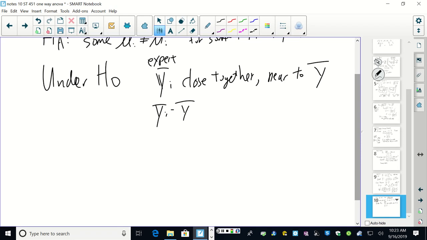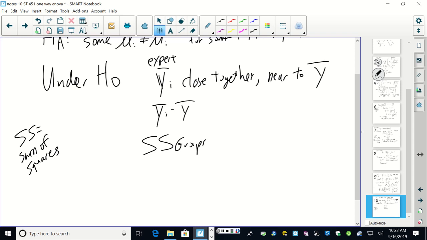So we calculate something called a sum of squares. For the groups, we're going to take the y bar i minus y bar and square them, make them all positive, and then add that up over all the groups. And we're going to weight it by the sample size.